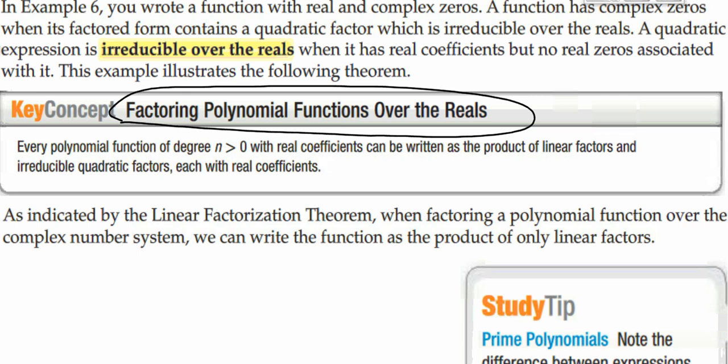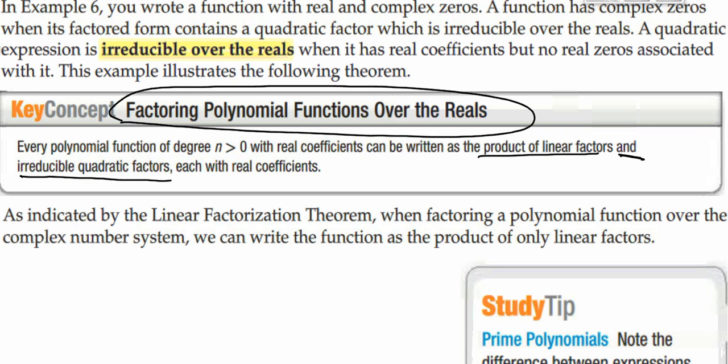Every polynomial function of degree n greater than 0 with real coefficients can be written as a product of linear factors. I can't remember what they were, like x minus 1, x plus 2, or it was the other way maybe, whatever it was. Those are linear factors, right? And then a product of linear factors and irreducible quadratic factors.